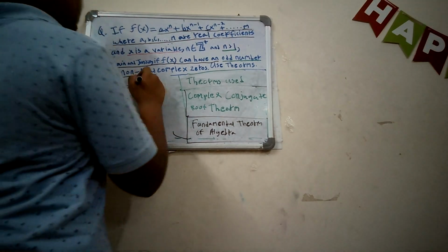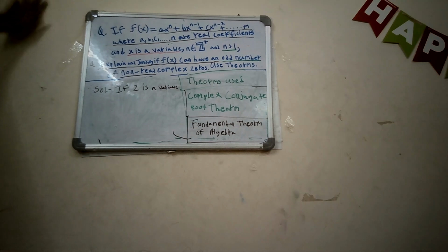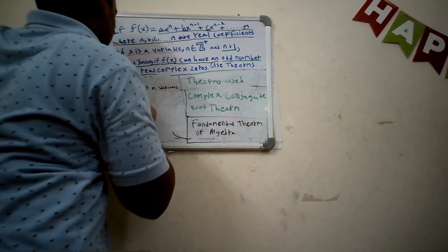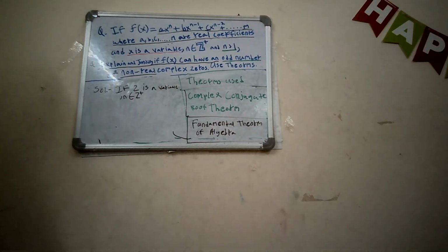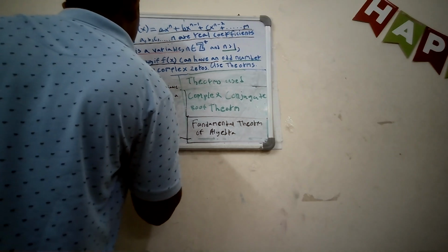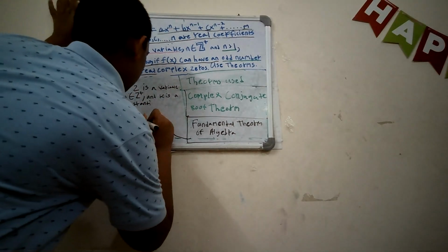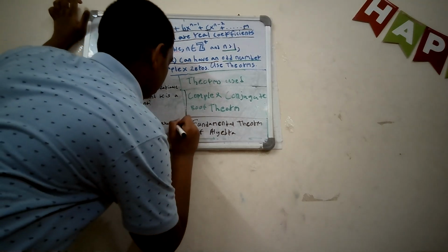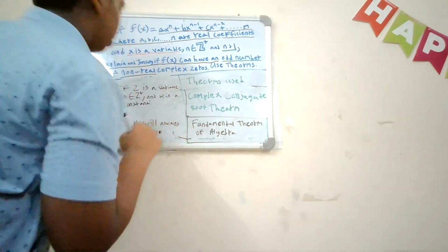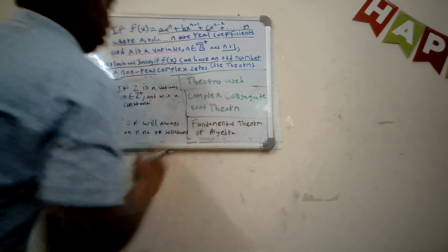If z is a variable, n is a positive integer, and k is a constant, then z to the n equals k will always have n solutions.